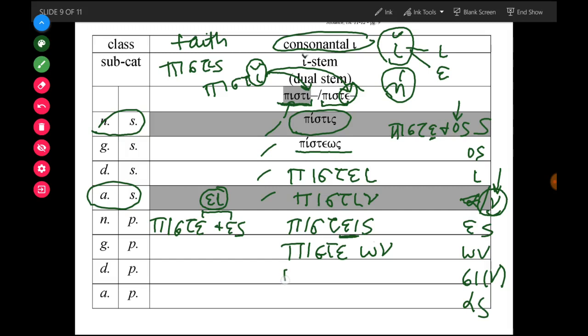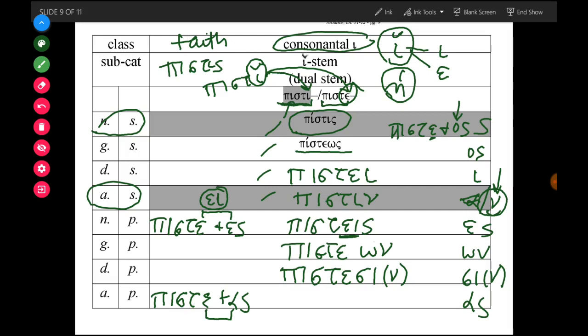The dative plural adds piste plus si or sin, and is pistesin. And then we also get another change in the vowels because we have piste as the stem plus as, and the alpha here is short.